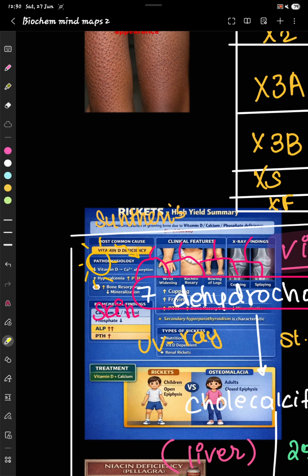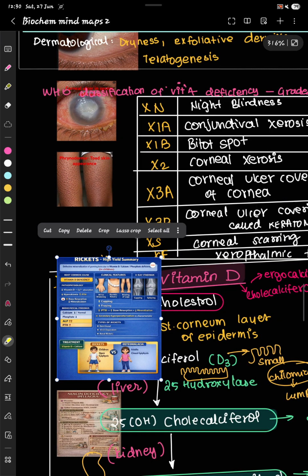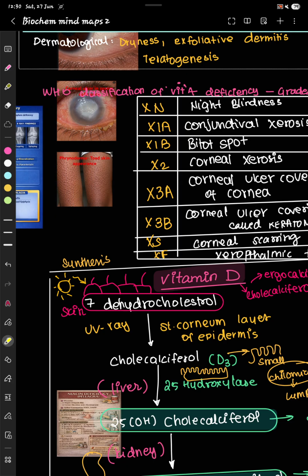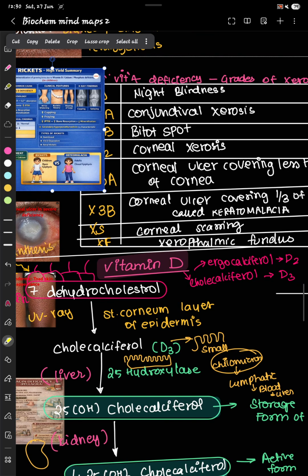Now let us learn about vitamin D synthesis. Vitamin D, whose chemical forms are ergocalciferol or cholecalciferol, is actually synthesized in our own body. Other vitamins must be taken from the diet, but vitamin D is produced inside the body. How?